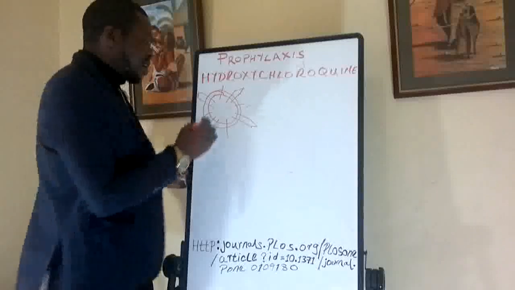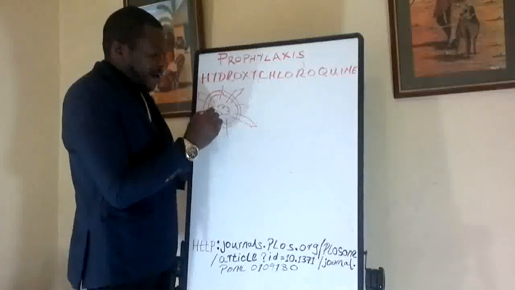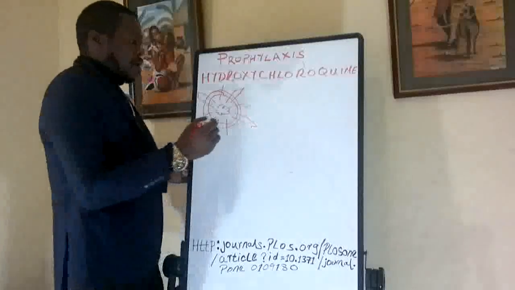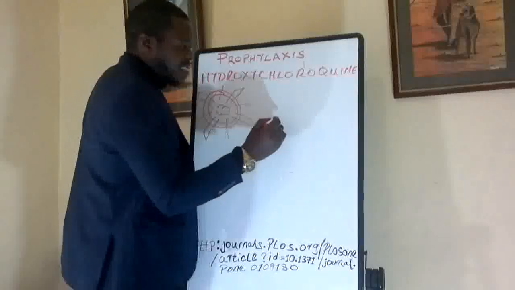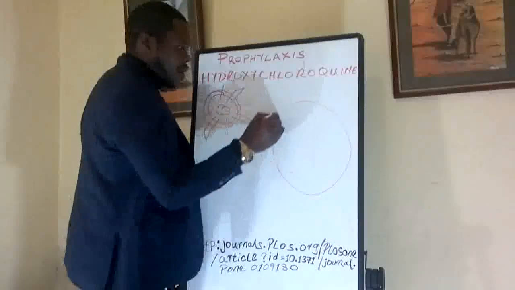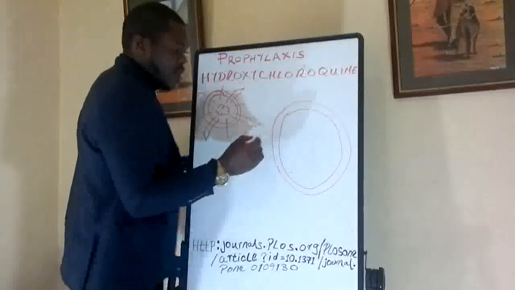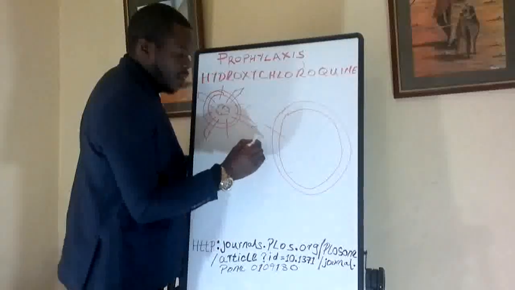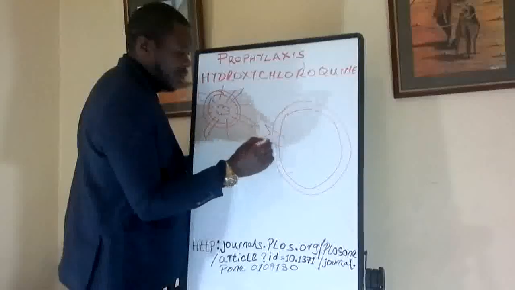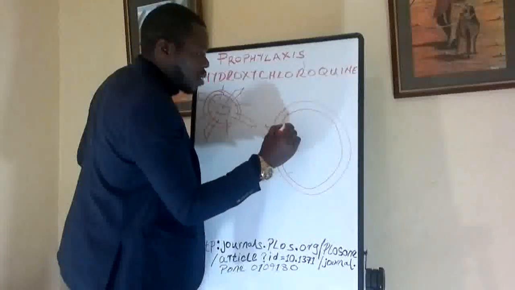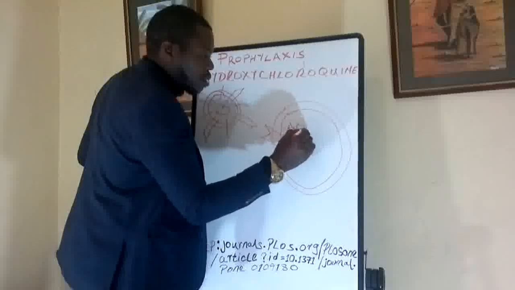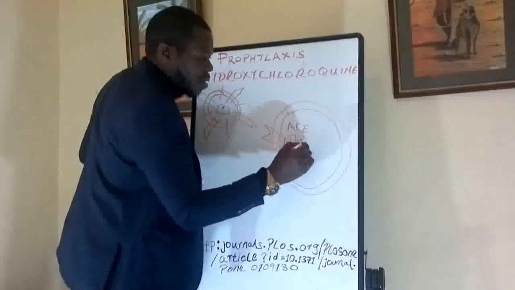And inside the virus, we have RNA. Now, this is our body cell. Our body cell has a receptor. This is called S receptor.